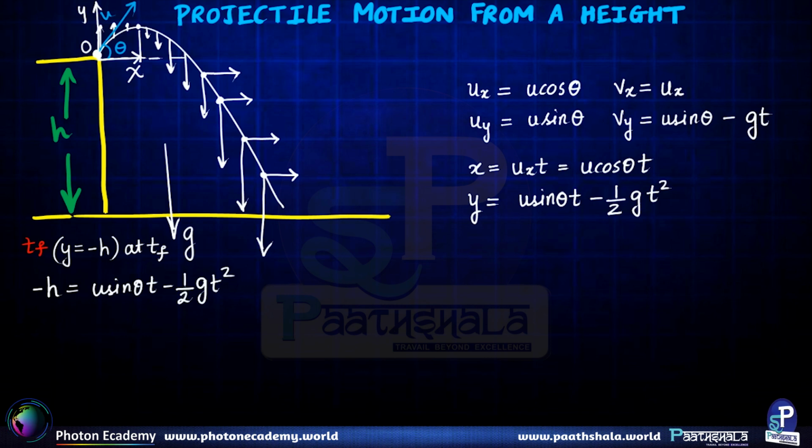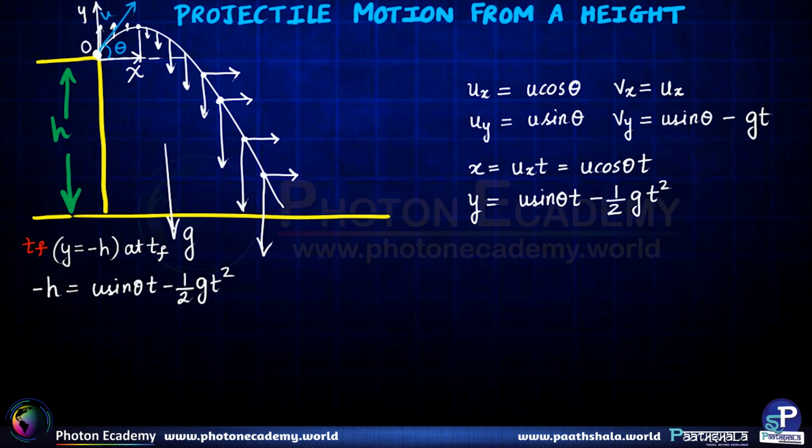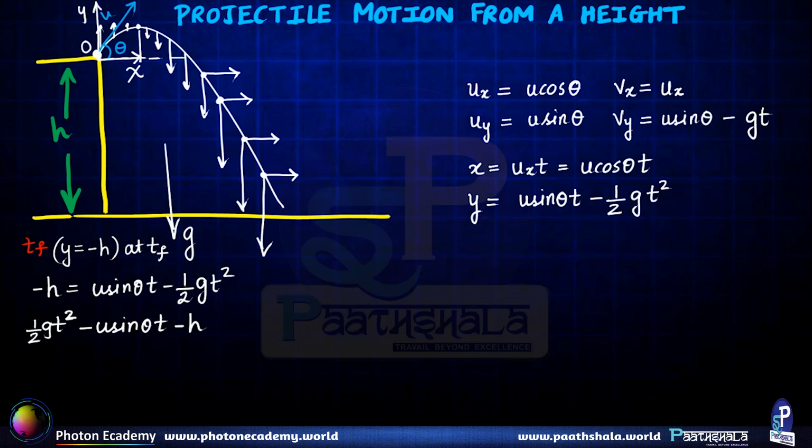Since this is a generalized quadratic equation, you need to solve it using the formula method. So if you isolate the square term and the linear term towards one side, what you get is half gt square minus u sin theta t, and let's put the h on the same side of the equation, minus h equal to 0.